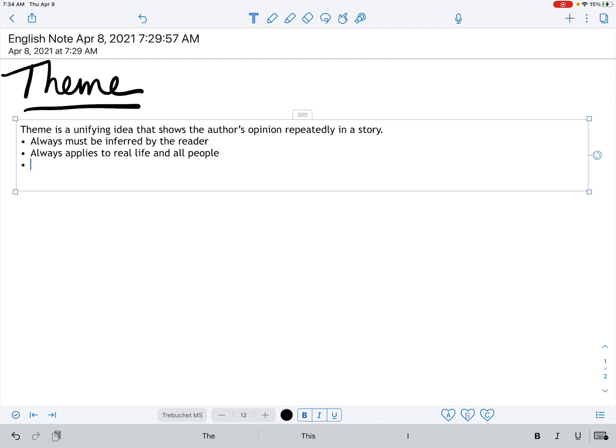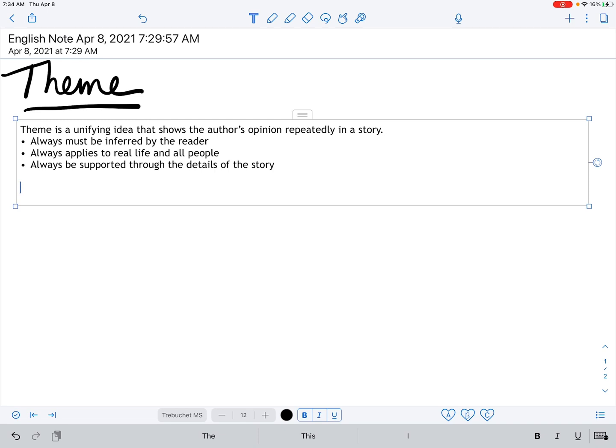And most importantly of all, it should always be supported through the details of the story. If it's truly a theme that belongs to that story, it's something that you should be able to prove using the details from that story. So let's take a look at what it is not.